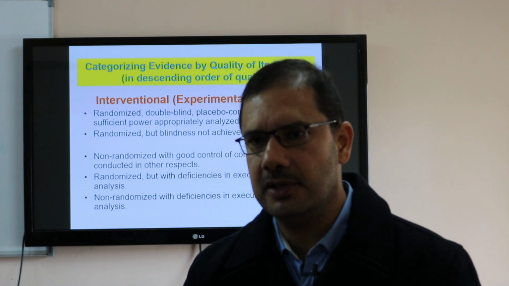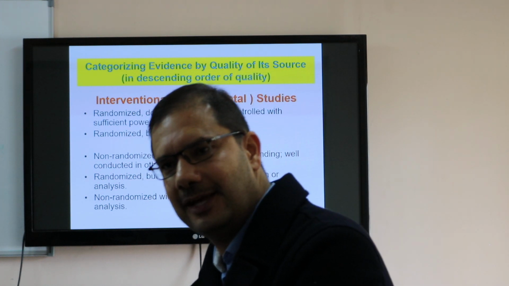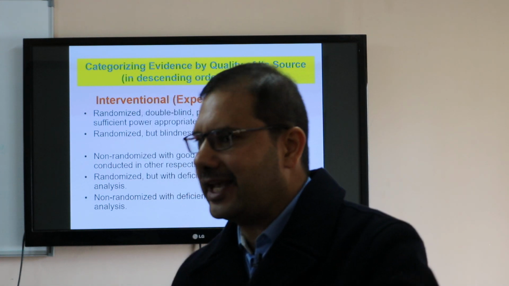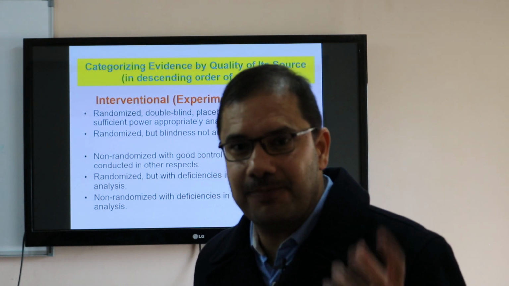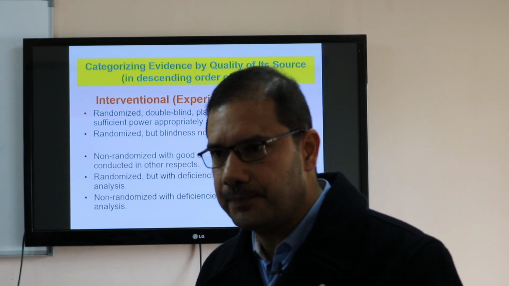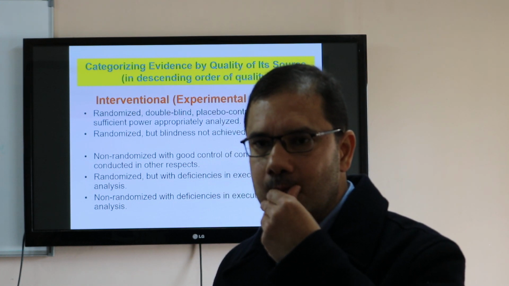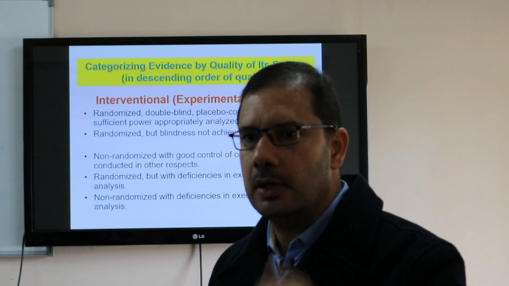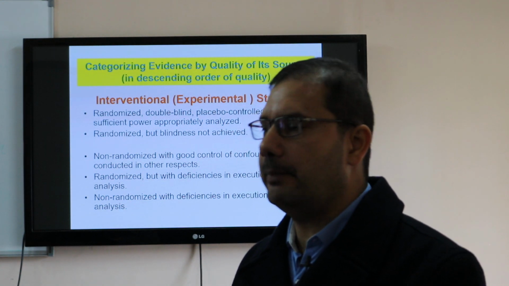The other group, I will not educate them. So I cannot blind them because they know I already educated them. This is the intervention group. I cannot achieve blindness in this case. So we cannot achieve blindness in some cases. It could be single blindness, like that.